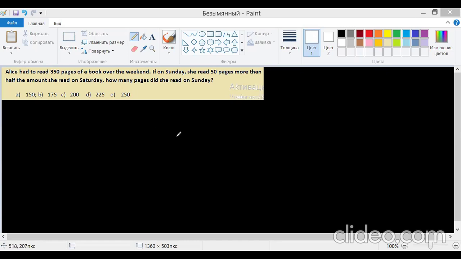Well, I belong to another school, and I like algebra, and I believe algebra is a really universal mathematical dialect which helps in many situations, and this is not an exception either.